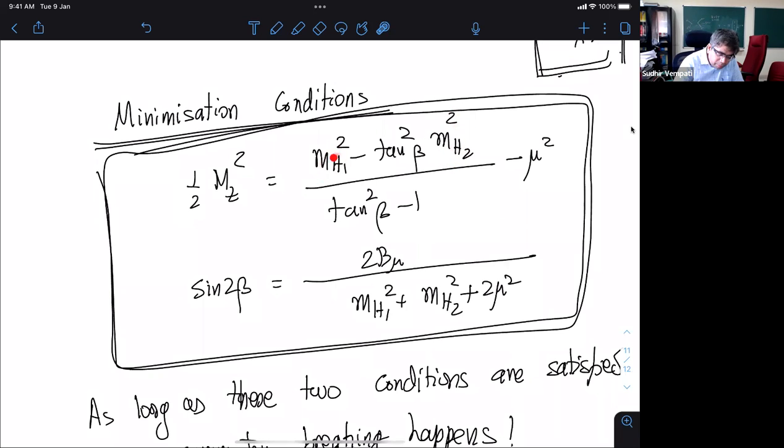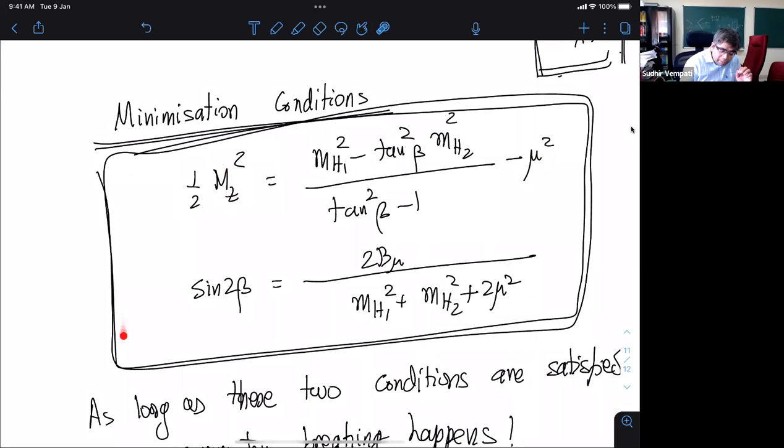It relates your soft terms, which are supersymmetry breaking terms, to a physically measured parameter, mz square, and then a supersymmetry conserving parameter, mu square. A standard model measured parameter, mz square, is very highly precisely measured.